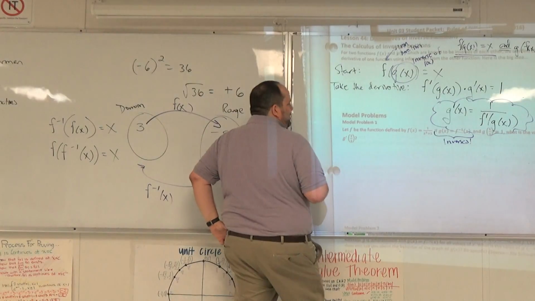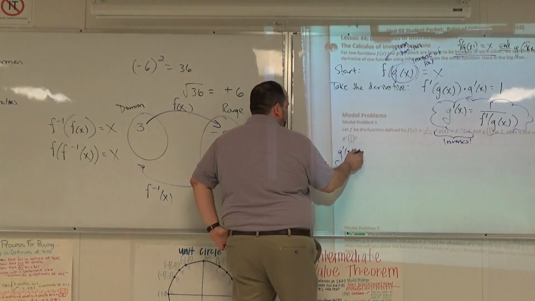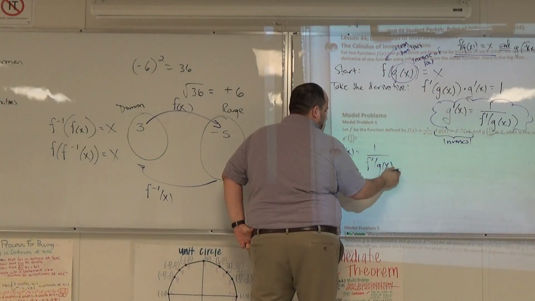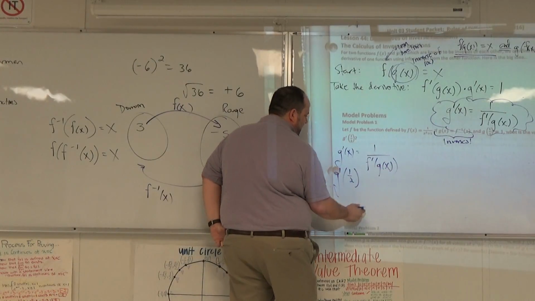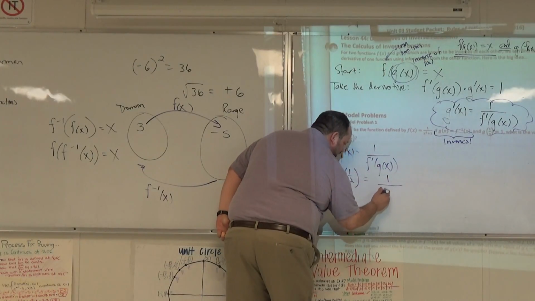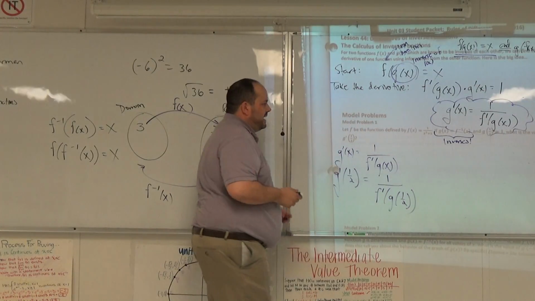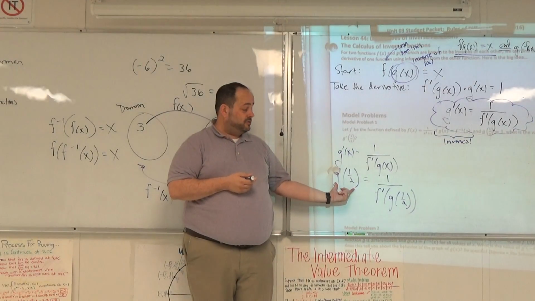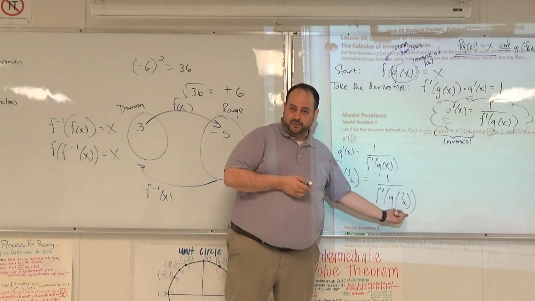Well, let's kind of blindly go along with this. If we know that g prime of x is 1 over f prime of g of x, then for me to find g prime of 1/2, I need 1 over f prime of g of 1/2. Right, g prime of 1/2 is what I'm after. This is the derivative relationship that we just proved.